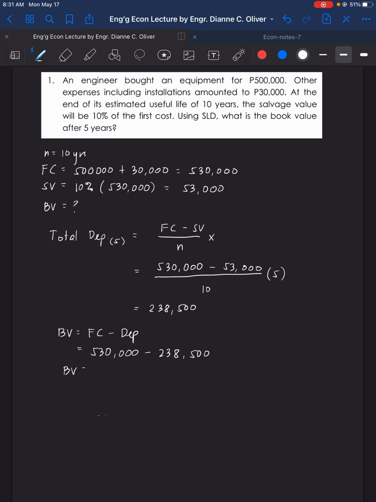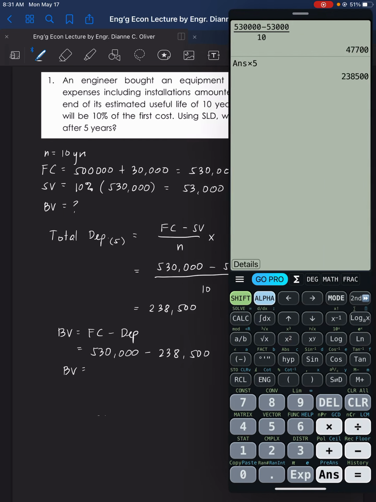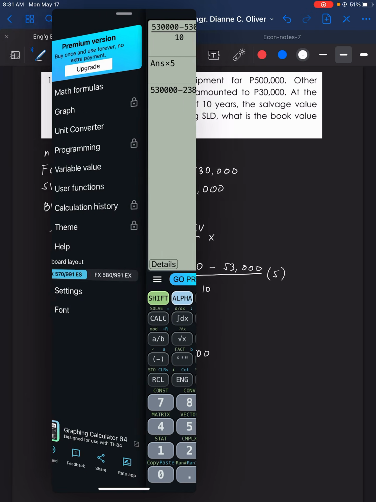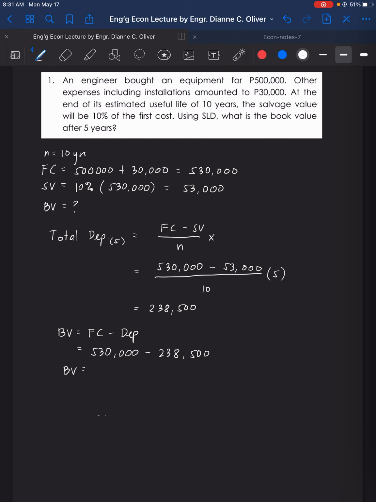So the book value now is equal to 530,000 minus 238,500. So that is equal to 291,500. So that is the book value after 5 years.